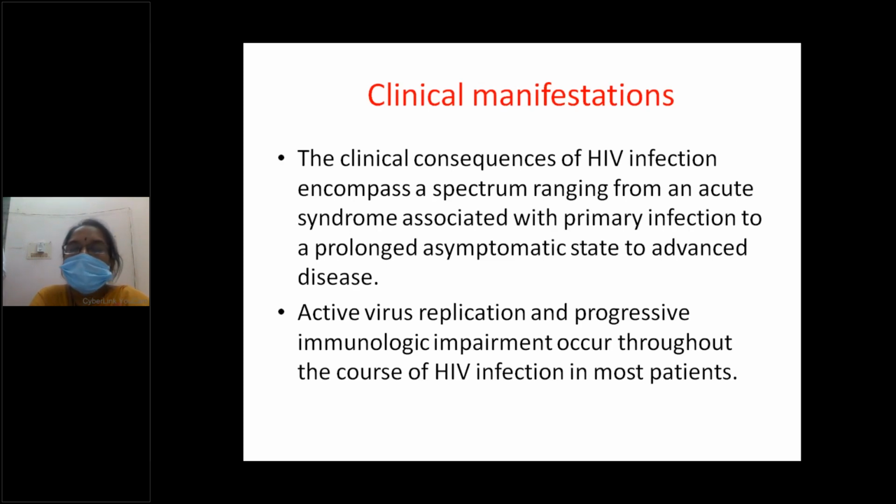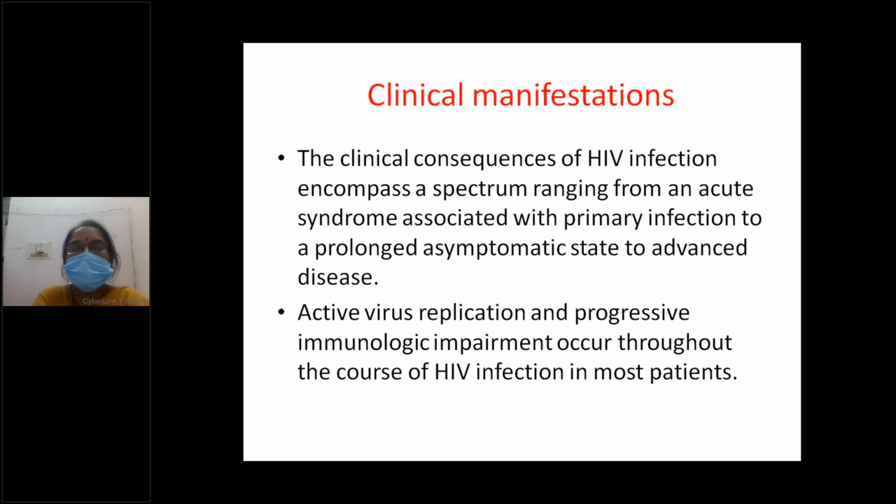So mainly, you have to diagnose by the ELISA test, enzyme-linked immunosorbent assay, and the Western blot test, which is costly, and next the PCR test. So next, what are the clinical manifestations of HIV?